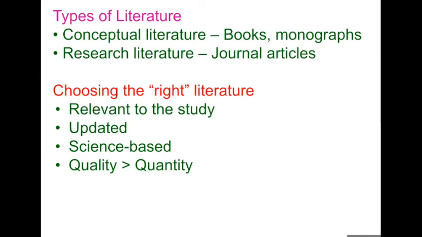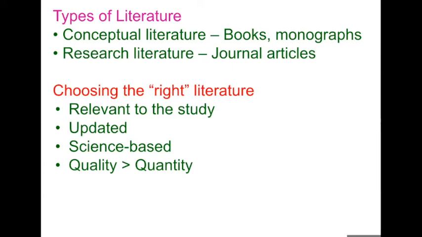Okay, choosing the right literature. It should be relevant to your study. And like I said, you need to focus on your topic. Do not talk about other irrelevant material. It should be updated, unless you are referring to a very specific, very important piece of information from an old literature. Sometimes it happens.